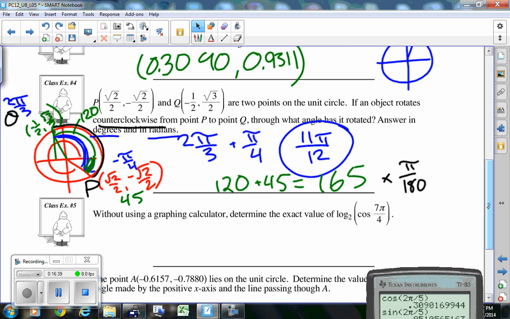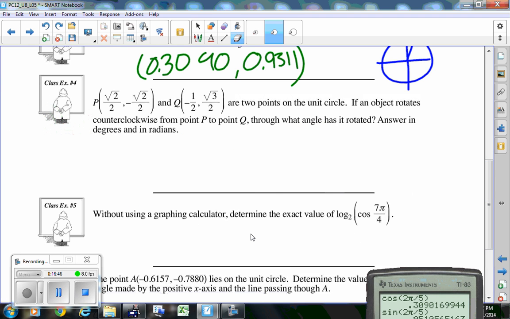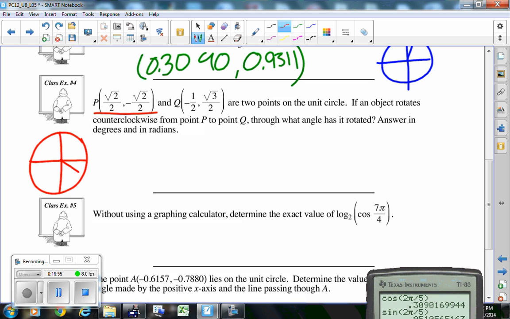This class example number 4 is actually rather tricky. So first I have to find this point. Root 2 over 2, comma negative root 2 over 2. That's down here.